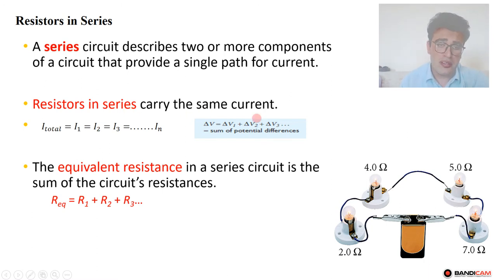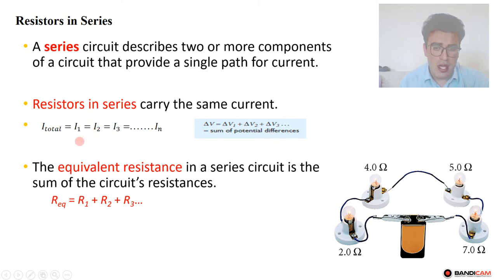But the only difference, as we said before, is that the potential difference in the series circuit is different. The total potential difference is the summation of them. We studied this before, but this is the new thing for us.